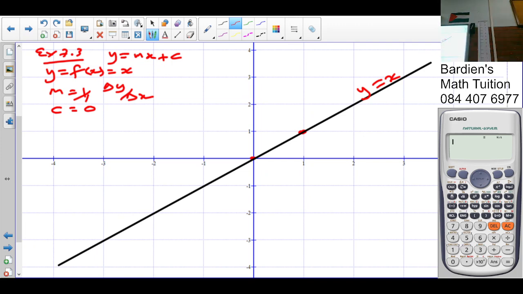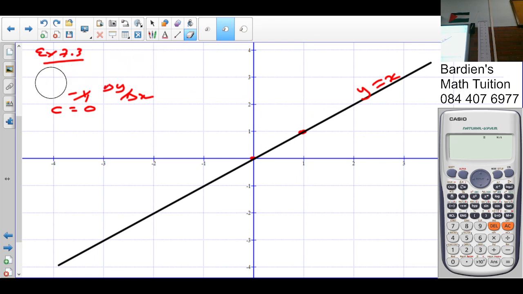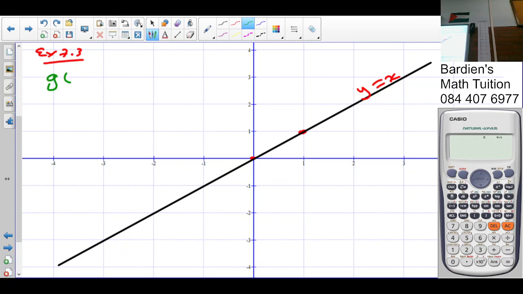Okay, I'll draw the next graph. So what was the equation of the second graph? y equals g(x) equals 3x. So remember, the gradient is what? The number in front of x, which is 3.